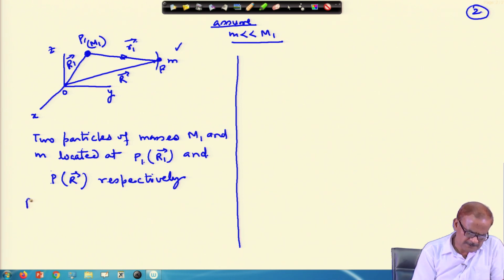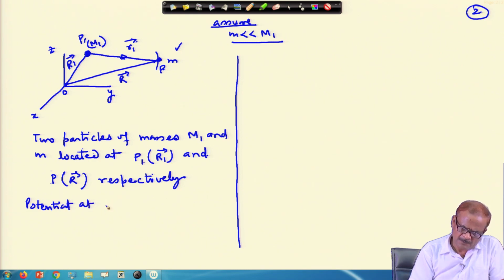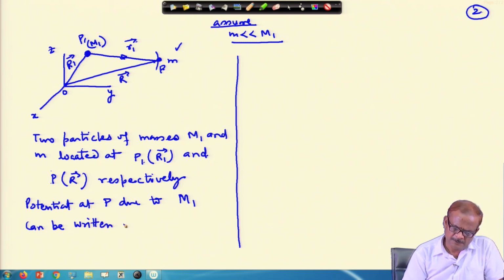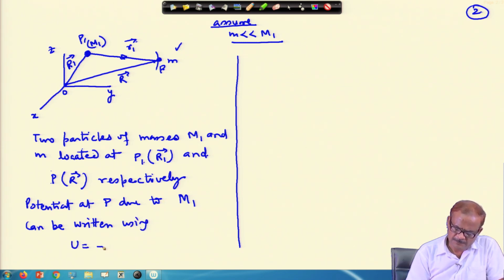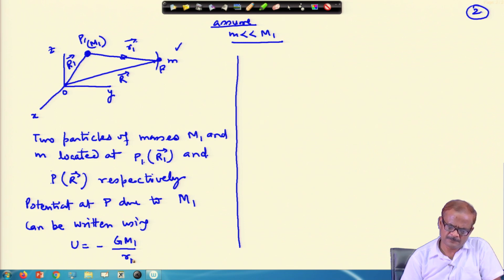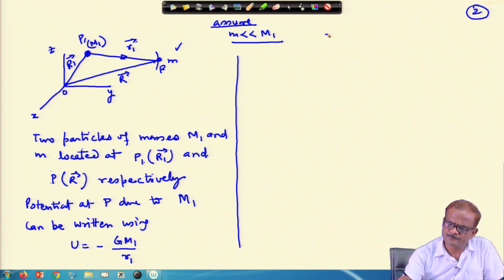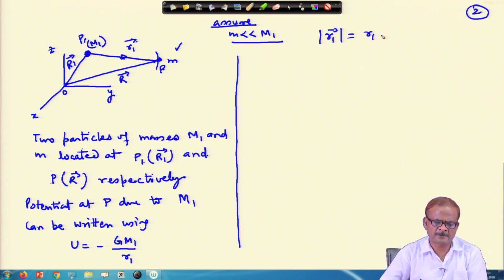So, the potential at P due to m 1 can be written using u equal to minus g times m 1 divided by r 1, where r 1 is equal to the magnitude of vector r 1.